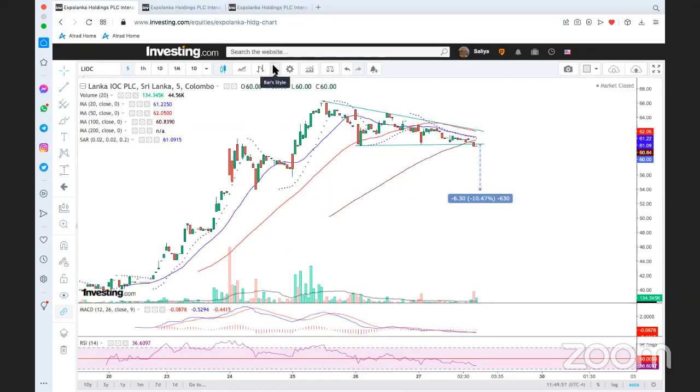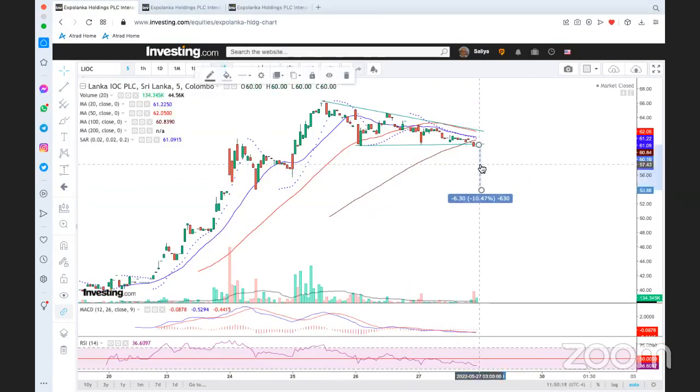If you really believe that this is going to happen, then you can short your own stock, but you need to understand the risk factor also.